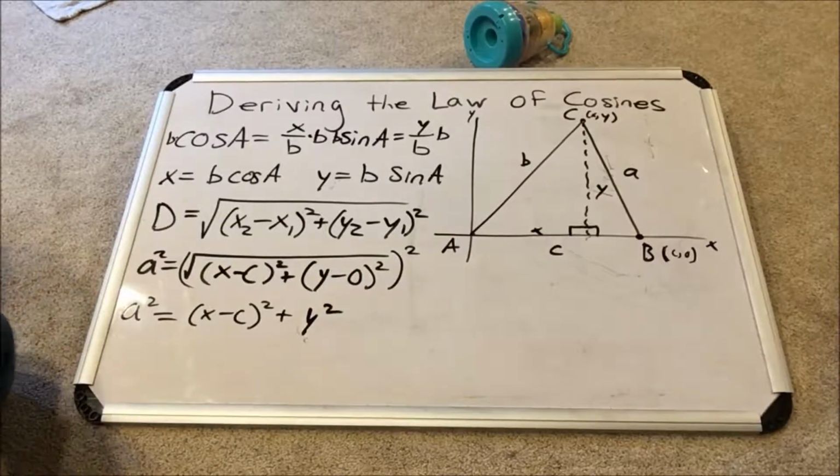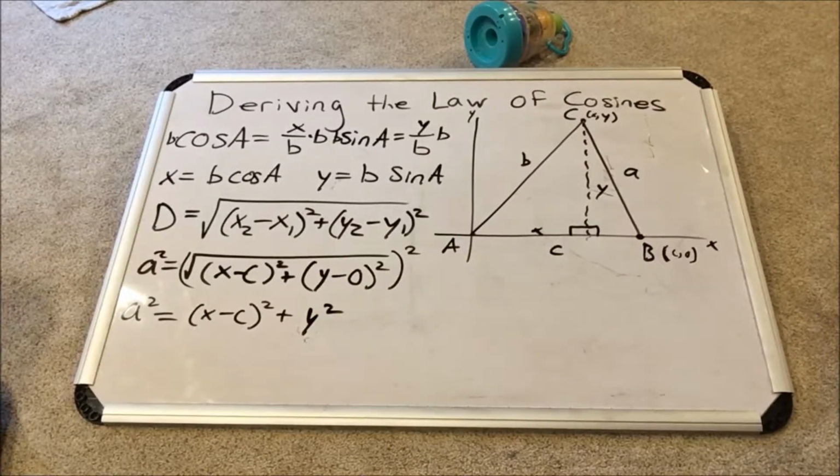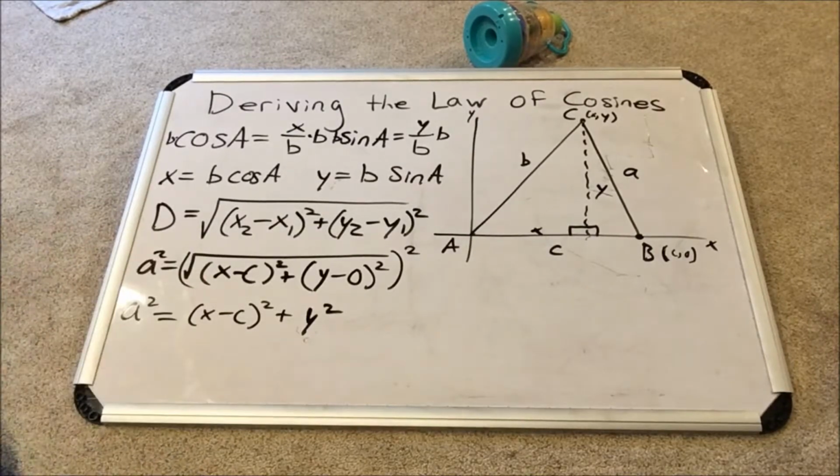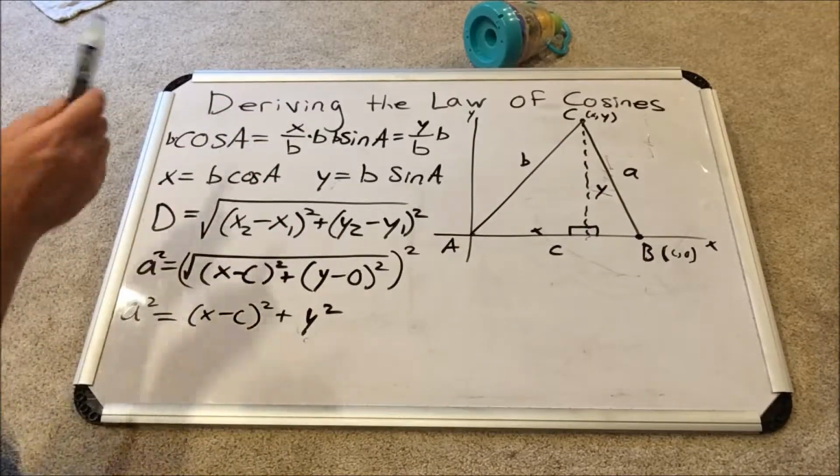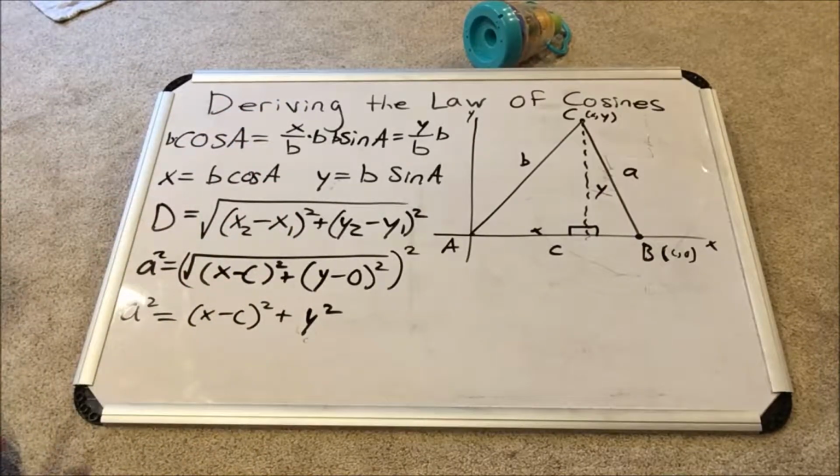Okay, now we've done a big part of the derivation already. What we will do now is take our expressions for x and for y and substitute those in at this step.